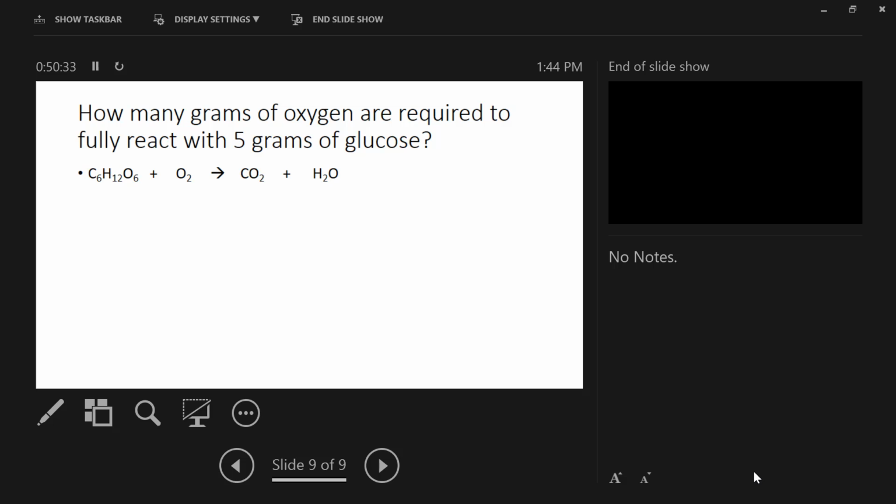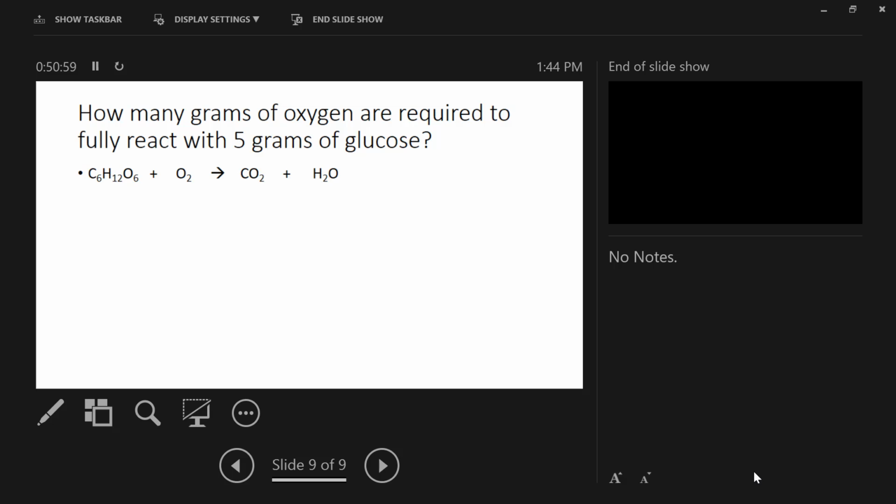And you're like, that's so cool. Where did that extra mass come from? Because 5 grams of O2 is going to produce more than 5 grams of carbon dioxide. If you work the math out, you'll see it. If you don't believe me, do the problem and you'll see it. So if we react 5 grams of this and we produce more than 5 grams, where did that extra mass come from?